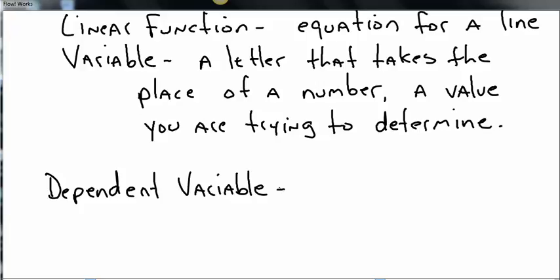Which one was that? Yes. The dependent changes depending on the independent. But which one's the dependent? Is it the x, the y? Is it the vertical, the horizontal?